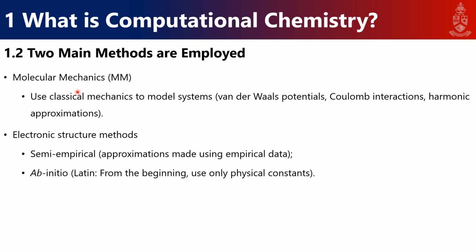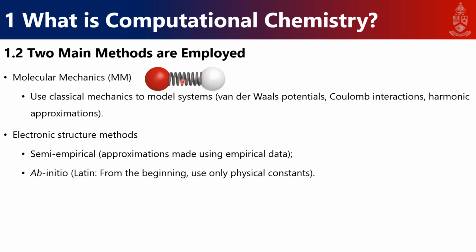Molecular mechanics uses classical mechanics to model the system, and essentially you look at atoms as balls of charge. As you would have two macroscopic balls with a certain amount of charge, positive and negative, protons, electrons, and neutrons, you fill them up with a certain amount of charge and you model them as if they had a spring between them.